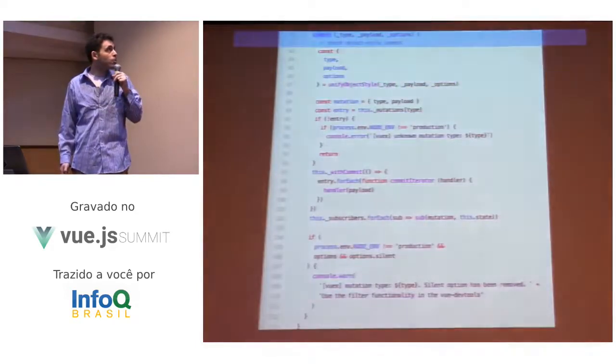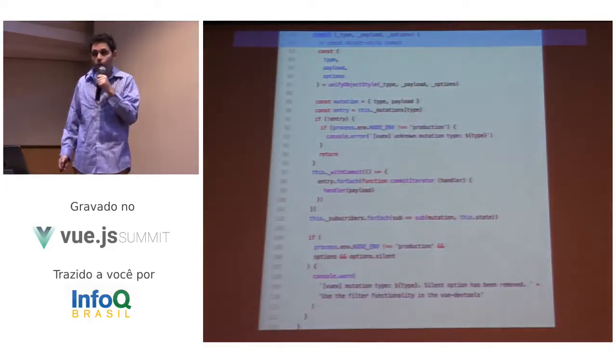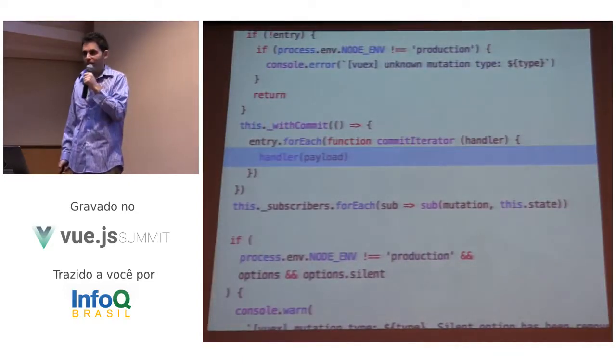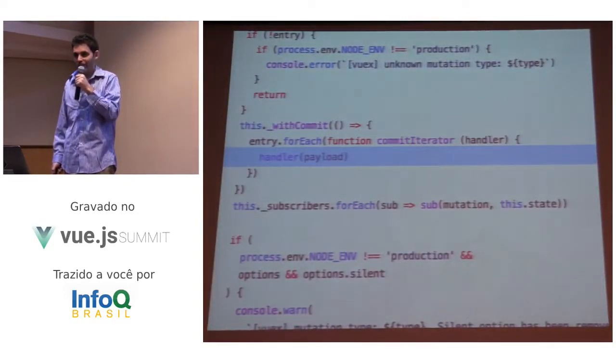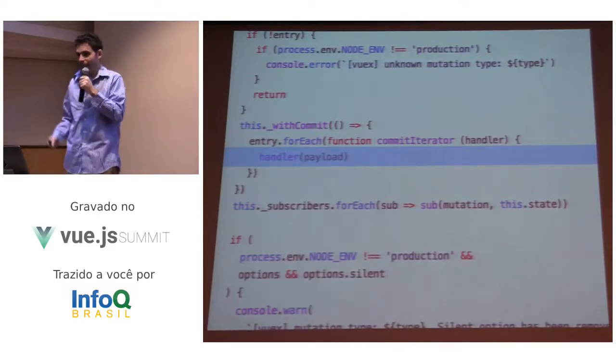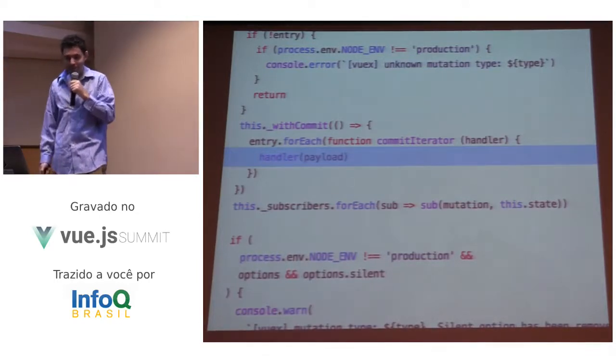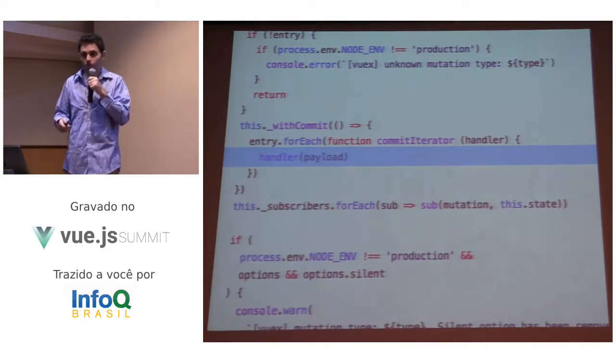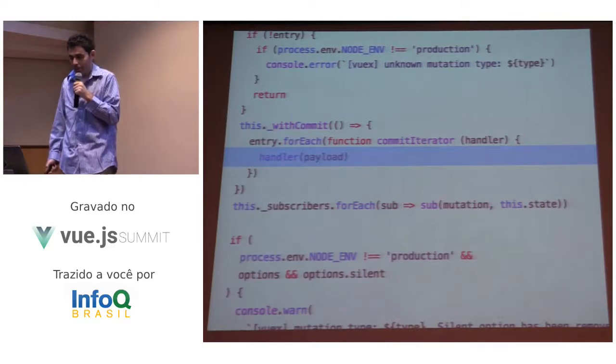It just stores a big wrapped function. And then when you call commit in vuex, check this out. It just calls the function. That's all it does. It's like, oh my gosh, it's so simple. Now it does it for every single entry that there is, but still it's just calling functions.